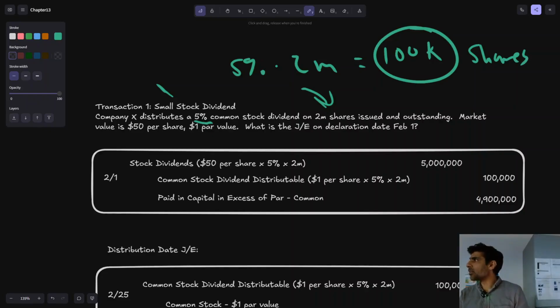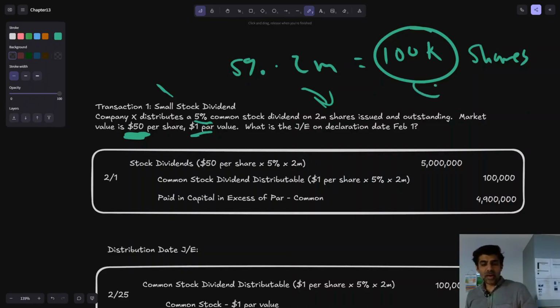Does everyone understand the math? Okay, and it's $1 par value stock. We're going to need the $50 per share. If you were to go to the stock market and look at how much these shares are trading for, we would see that they're worth $50 a share. Because this is a small stock dividend, we're going to assume that this $50 per share is not going to change by that much.